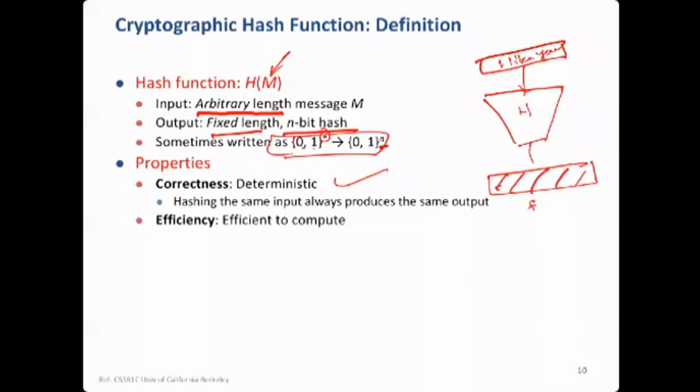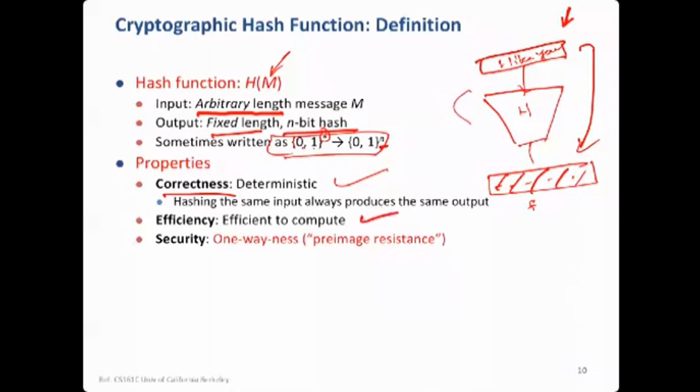You do it, so it's a string of zeros and ones. Second time you do, you get the same thing. Third time you always give this input, you always get the same thing. Okay, so it is deterministic and correct. Second is efficient to compute it. The whole process should not take a lot of time, otherwise unusable.